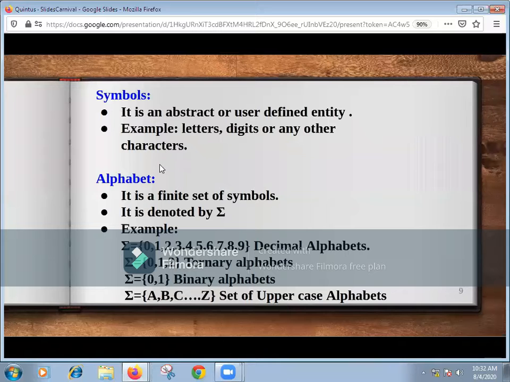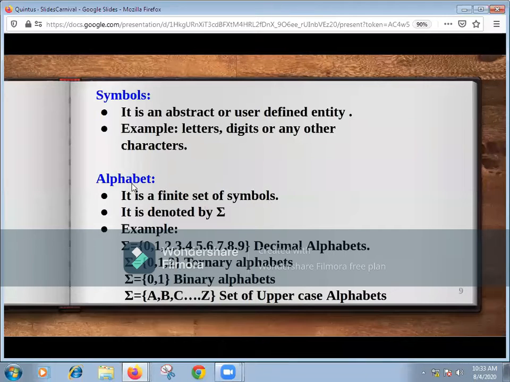Okay, so here symbol is an abstract or user defined entity. Examples we have seen: you can use letters from small a to z or capital A to Z, digits like 0 to 9, or any other characters like at symbol, hash symbol, dollar symbol, or plus minus symbols. Okay, now what is alphabet? So here it is a finite set of symbols.